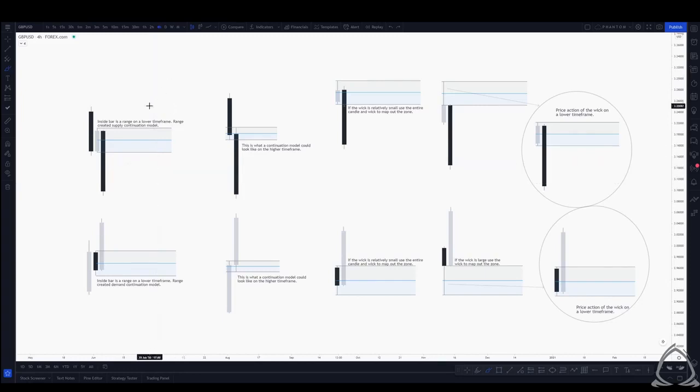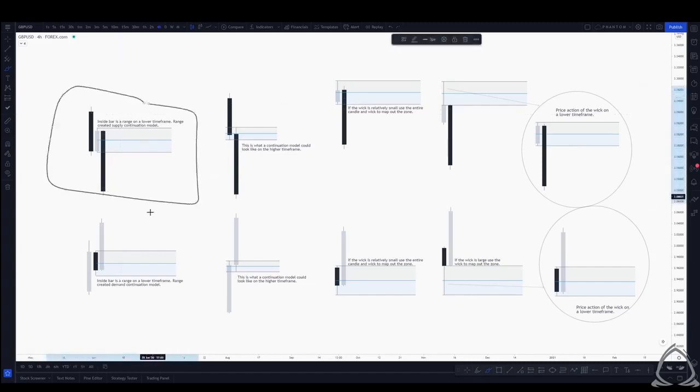It'll make your trading so much easier to understand and navigate through if you can look at this and go, I know what's happening on a lower time frame. I'm not comfortable trading on that lower time frame, but I understand what's happening, so I know that I can use this concept to build up trade ideas. Because I think it goes without saying, there are many times when we rush to go down to a lower time frame and we get lost in some of the noise, or what seems to be noise.